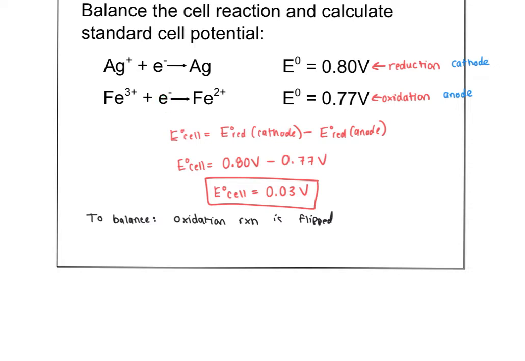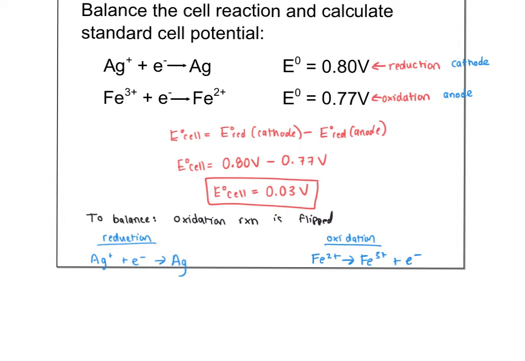So when we write our half reactions, I'll do the reduction first. Ag+ plus an electron makes Ag. For my oxidation, I'm just going to reverse. Fe2+ makes Fe3+ plus an electron.